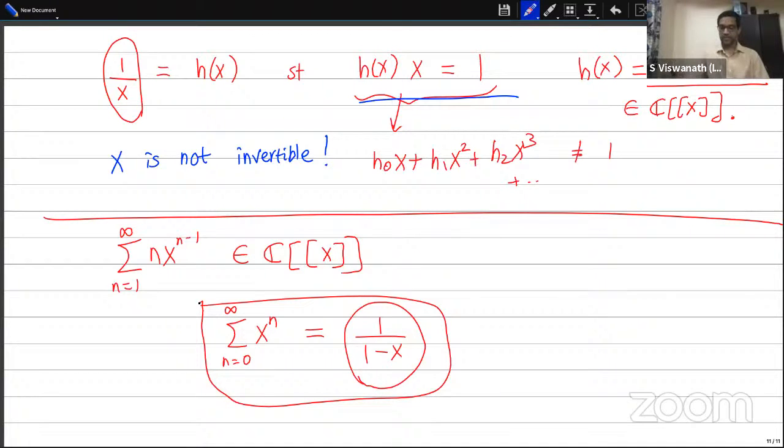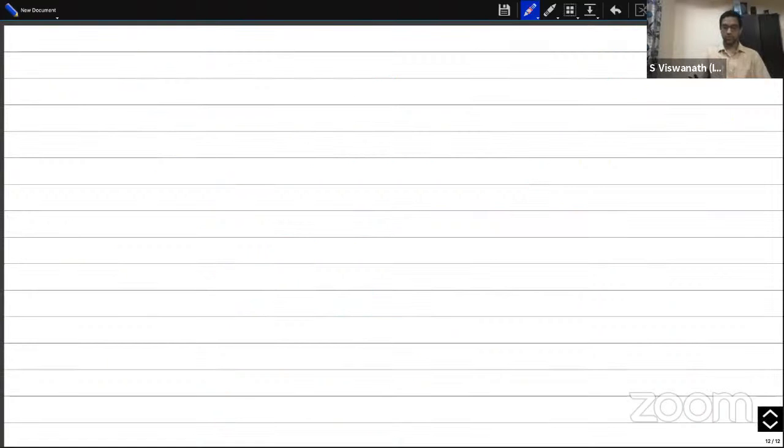Let's again be a little analytic. Think again in terms of analysis. If you actually had a function whose power series was known, for example this equation here, 1 over 1 minus x is summation x power n. Recall, you can differentiate power series term by term.